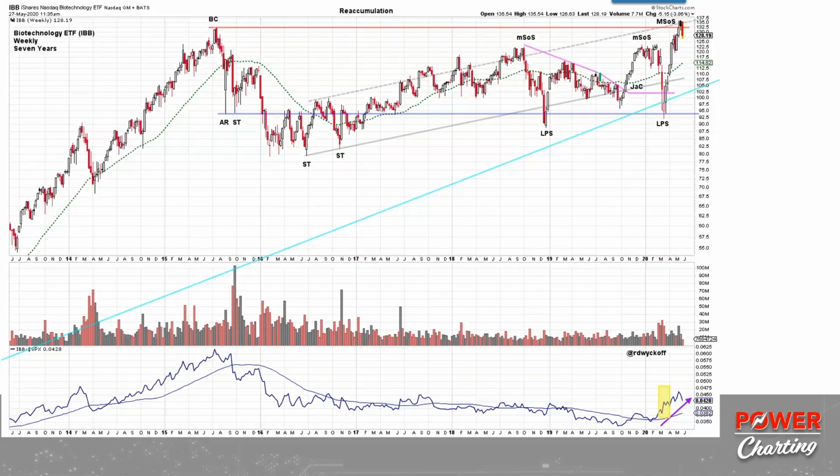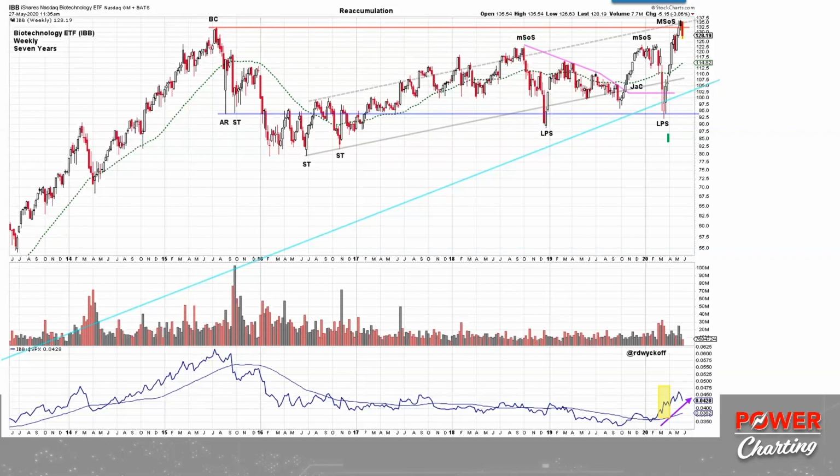Here's the creek. We've drawn the creek in here. Really beautiful jump. Volume is good. Goes up. We're going to call this a minor sign of strength back up to the top of this resistance here. And then this sharp decline, which was related to the COVID-19 drop.